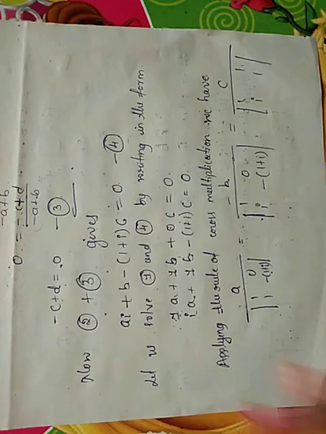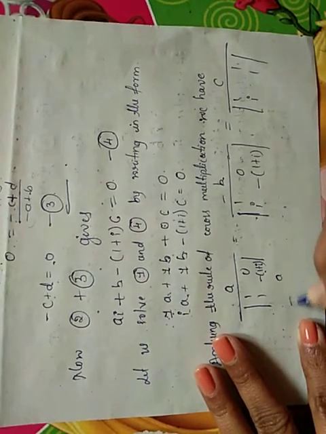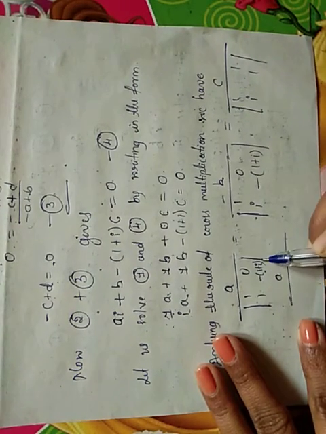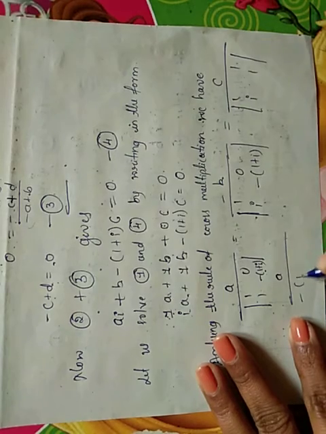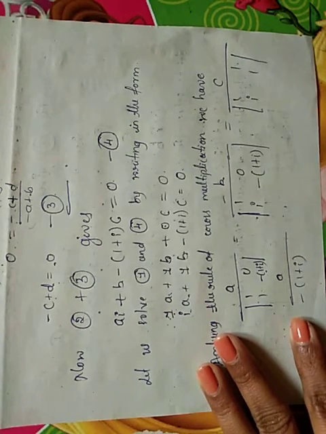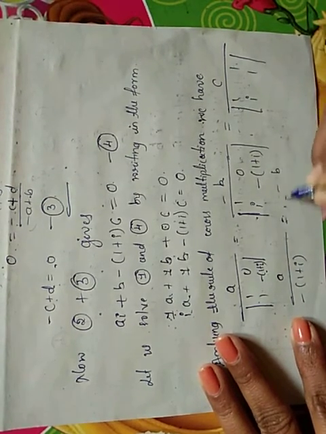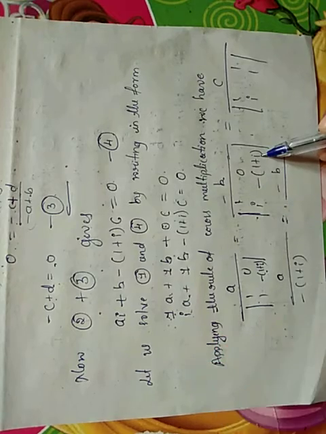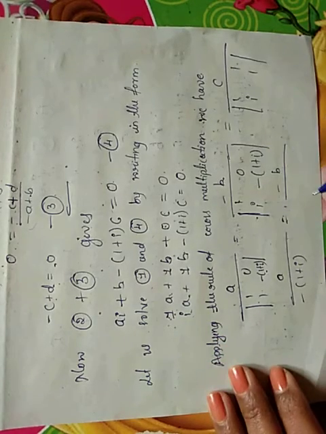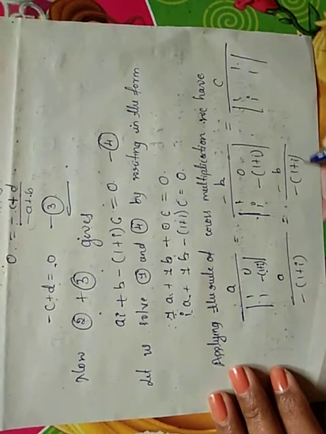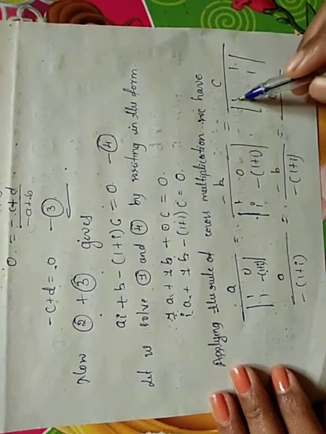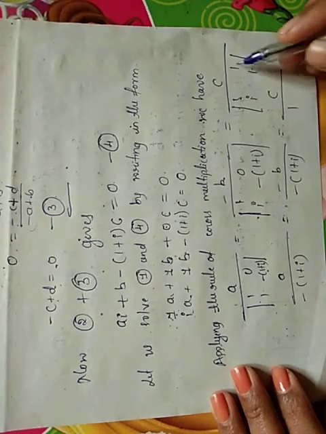Now we have to open the determinant. 1 into minus of 1 plus i is minus of 1 plus i. Minus b divided by 1 into minus of 1 plus i, minus of 1 plus i. c divided by 1 into 1 is 1, i into 1 is i.